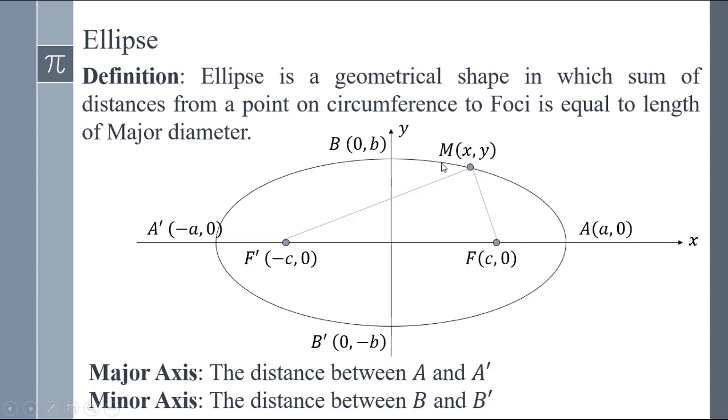in an ellipse, when we add the distances MF and MF bar, it should be equal to the distance from A up to A bar, as it's written here: MF plus MF bar is equal to AA bar.